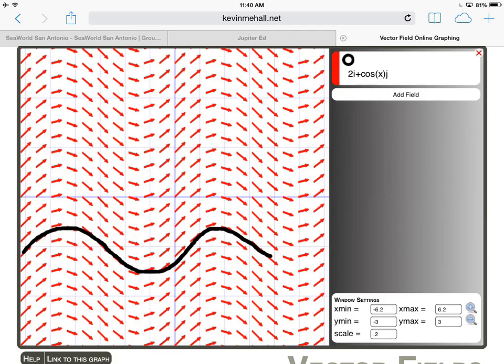I might not be following it exactly, but it's like connect the dots. I'm not connecting dots very well. Good enough.